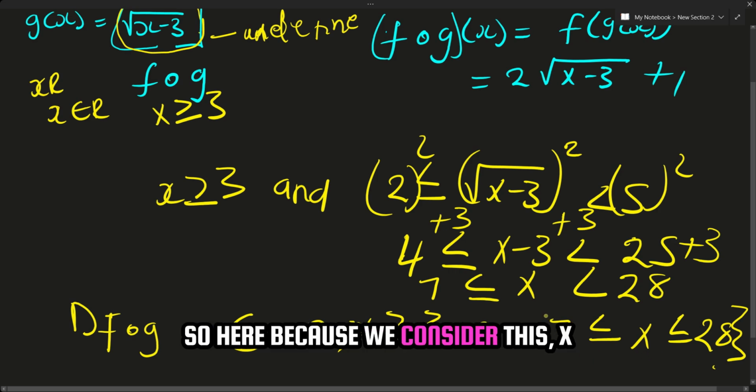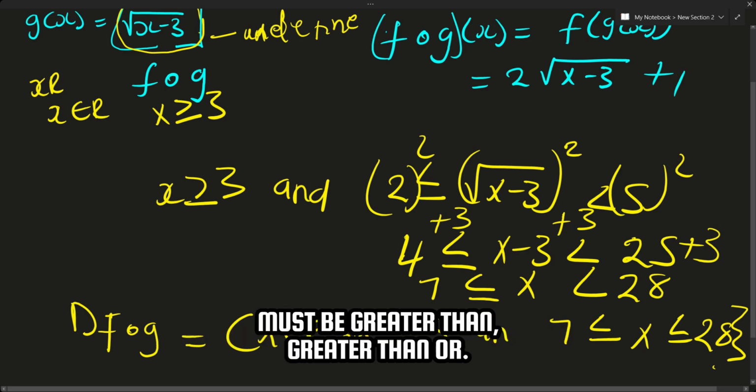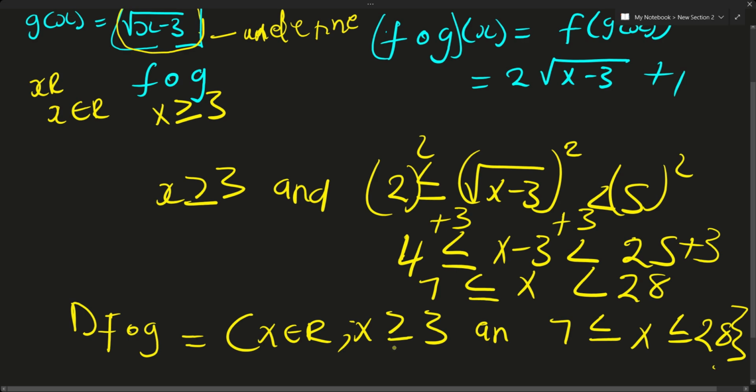So here, because we can see that x must be greater than or equal to 3, the domain is 7 comma 28, right?